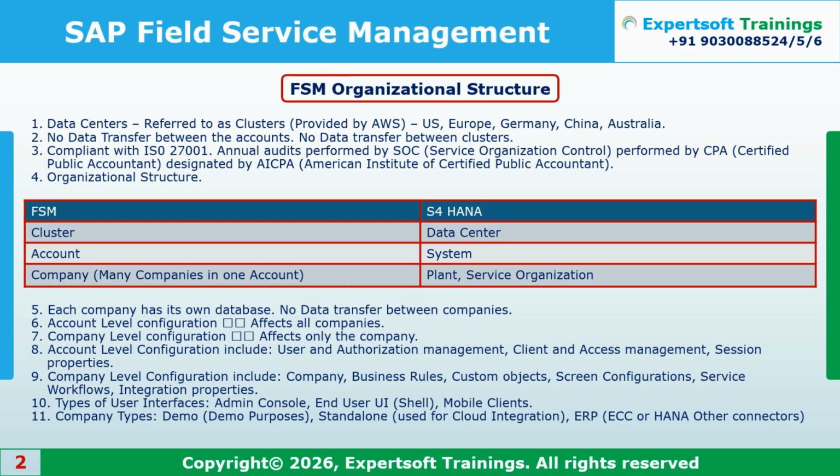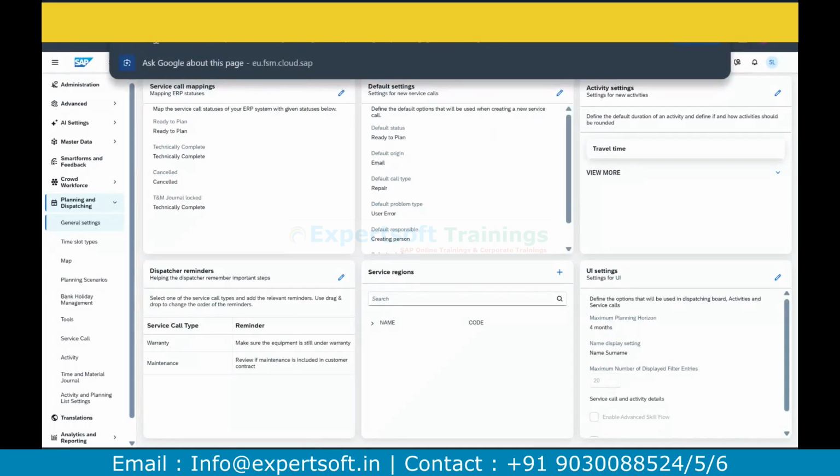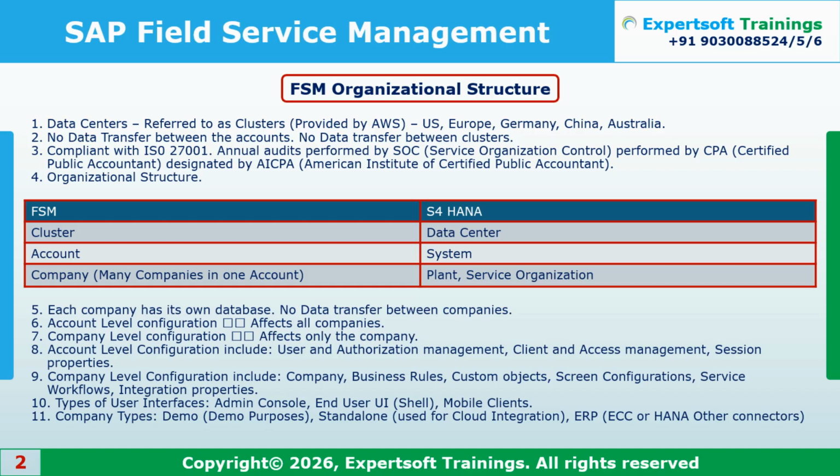How can you differentiate them? The instance that Naveen is working on will give us a URL, and the URL itself will show in which data center cluster our FSM account is hosted. You will see EU for Europe, US for the US region, DE for Germany, AU for Australia, and I believe CHS for China.